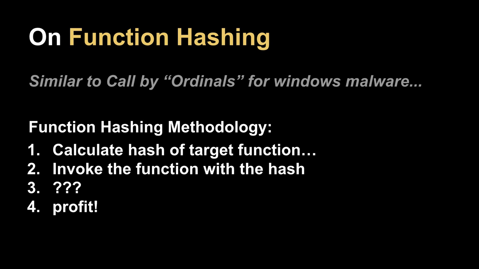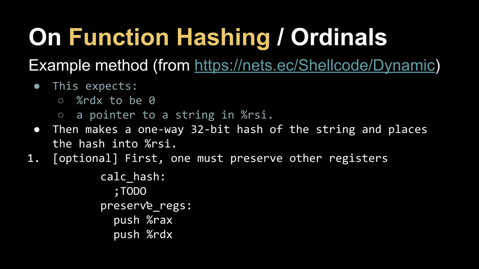Once you find the match, you then invoke the function with the hash. And the rest is pretty straightforward. By doing this systematically, you can avoid detection by most modern shellcode detection techniques.